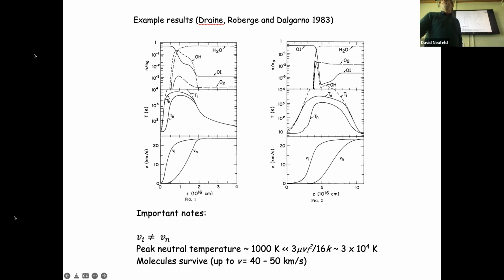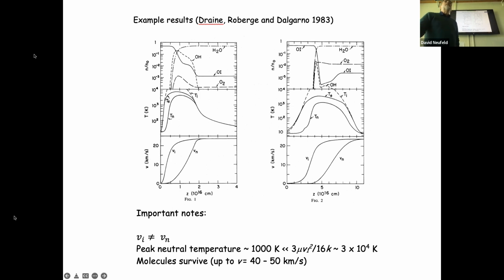Yeah, Volker. Could you maybe give some examples of typical J shocks or C shocks we find out in the universe? That might be very illustrating. But before we had the outflows and we had the supernova. Right.